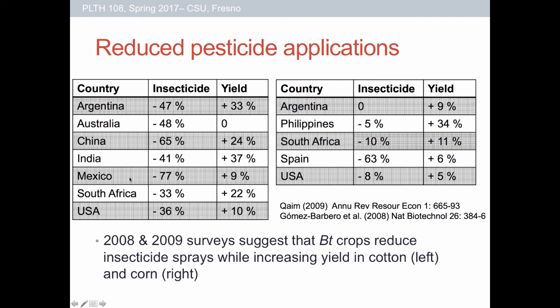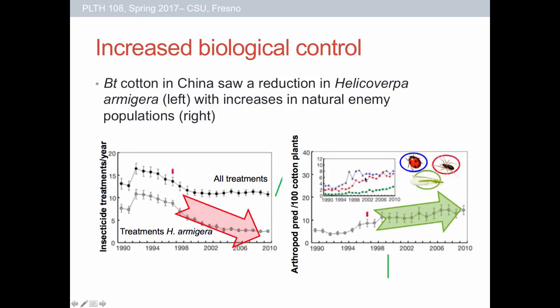We've got cotton here on the left, and corn on the right. We see this general trend that with these genetic technologies, we have a reduction in the amount of insecticide applied, and an increase in yield. Now, there are some cases where you don't reduce the insecticide or you don't increase the yield, but it still is a net economic benefit because you end up with one benefit in one area or another.